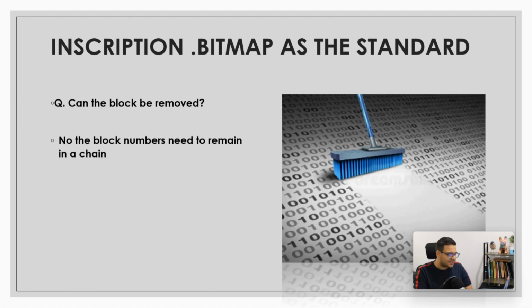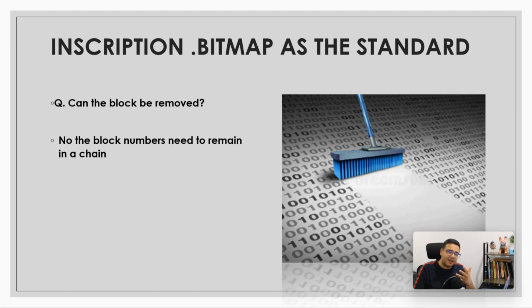Then again, assessing the risk. Well, can the block be removed? No. The block numbers need to remain in a chain. That's how it works. Blockchain. It's consecutive numbers. You can't just take one out.